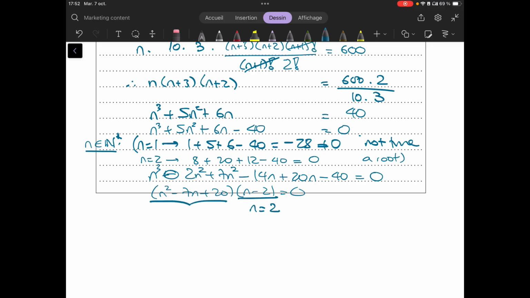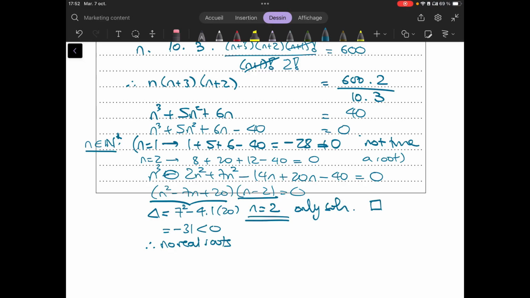N is equal to 2, or this other factor is equal to 0. However, a quick check of our discriminant would reveal that the discriminant is negative. Therefore, it has no real roots. Therefore, this is the only solution. And we can stop our answer right here.